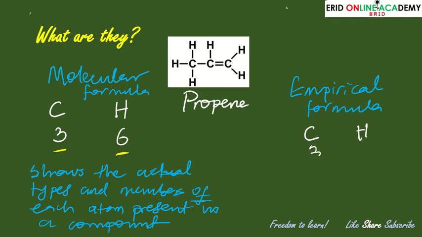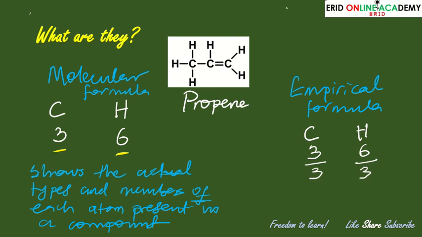Carbon is present, we have 3, and hydrogen 6. But the simplest ratio, the reduced ratio of carbon to hydrogen, how do we find that? A number that can be used to divide 3 and 6 to give us the simplest ratio will be 3.